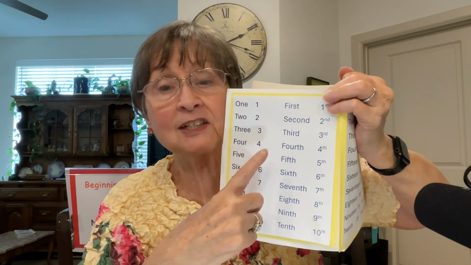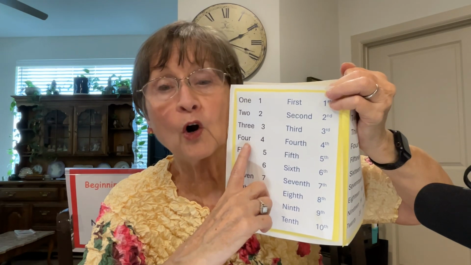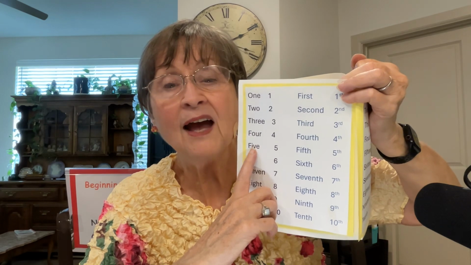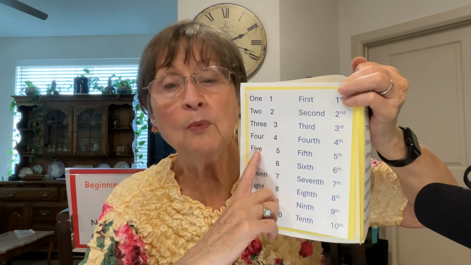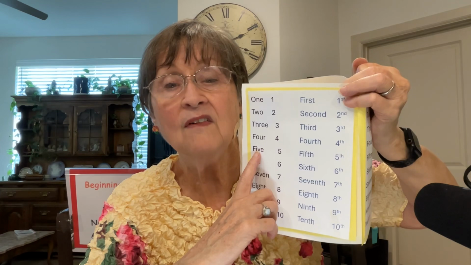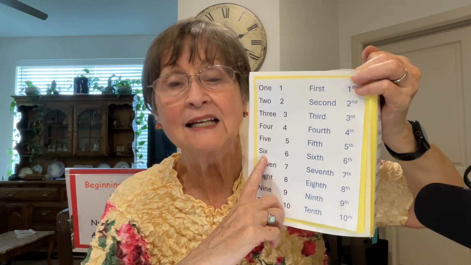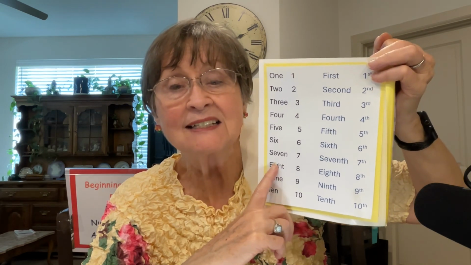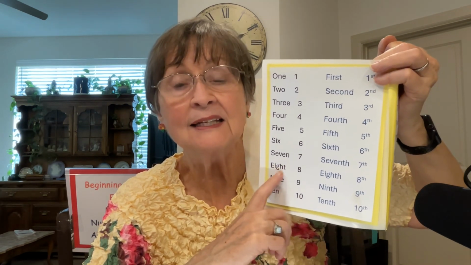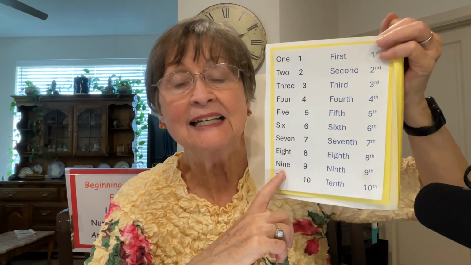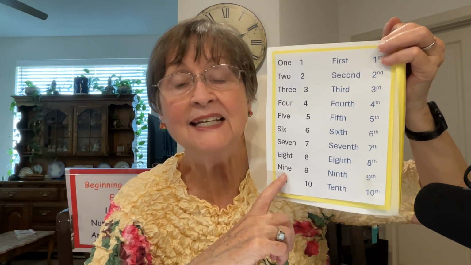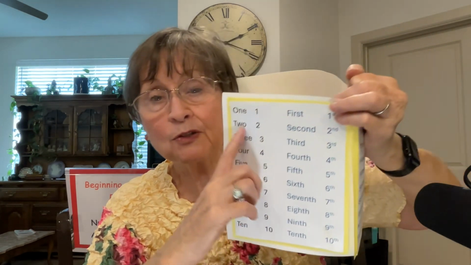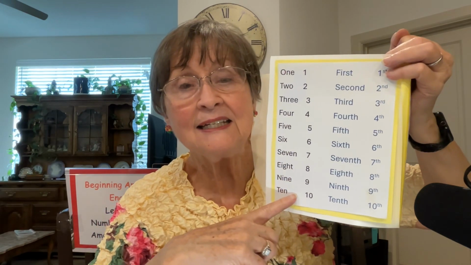In American English, you need to say 4, not just for. 5 has to have the V sound, but you don't put an E after it. 6, 7, 8. It sounds like a long A, but there's no A in it. 9 has a long I. 9. 10. Those are the basic 10 numbers.